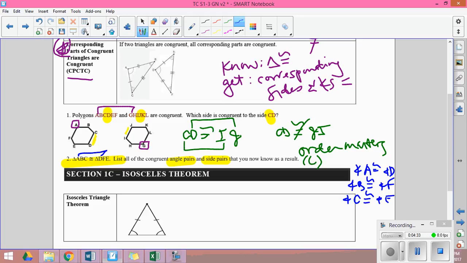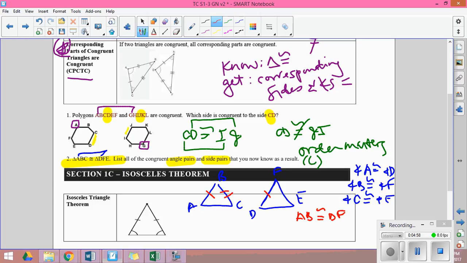When it comes to the sides, if you want to draw yourself a quick picture, A, B, C, and D, F, E, to help see how things match up, side AB matches up with DF. AB is congruent to DF. Again, the order matters.